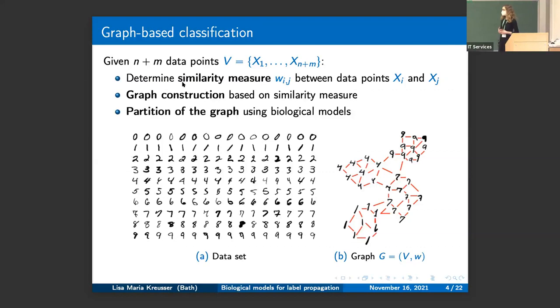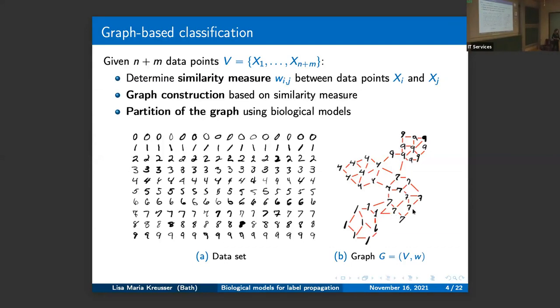And this allows us to write down a graph structure as shown here on the right-hand side. Basically, all those ones here at the bottom are quite closely related to each other, whereas at some point, some of those ones already look quite similar to the number 7.